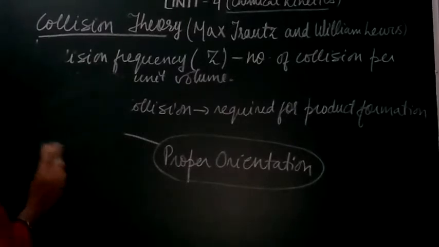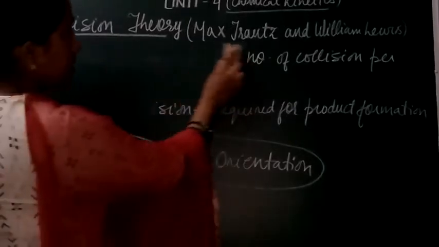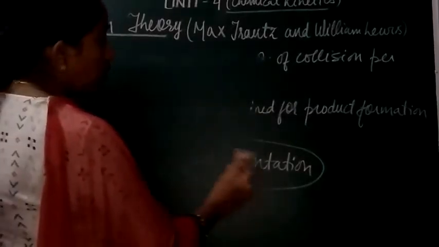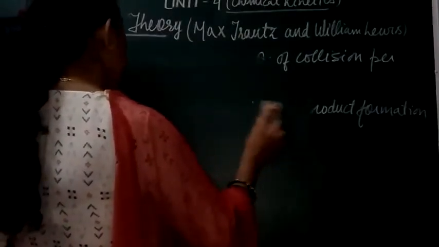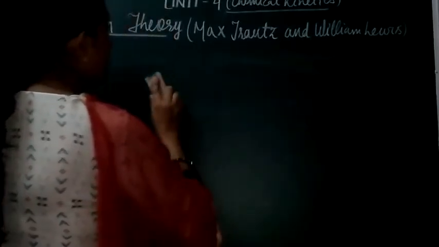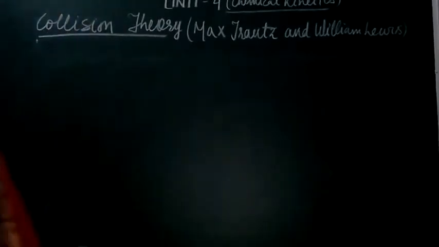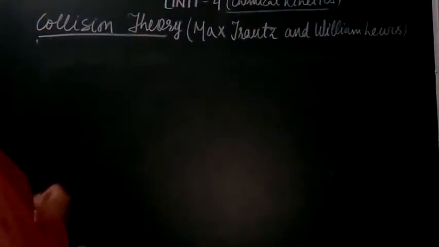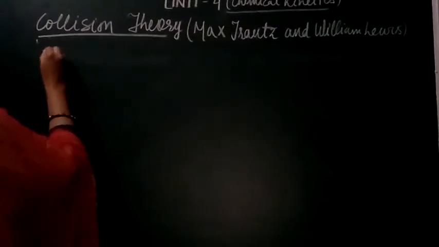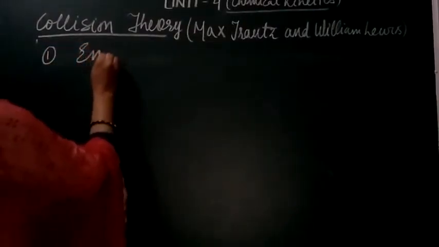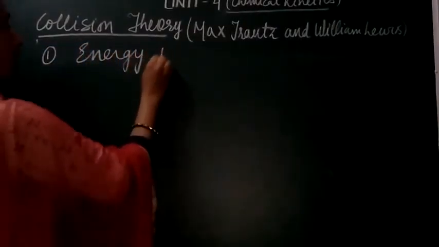Now students, the energy barrier means that the reactant molecule should possess the minimum energy before it undergoes the product formation. So before it undergoes the product formation, it should have the minimum energy. So here we will first discuss the energy barrier.